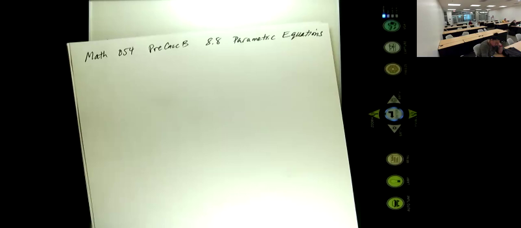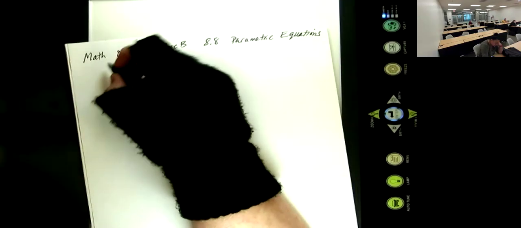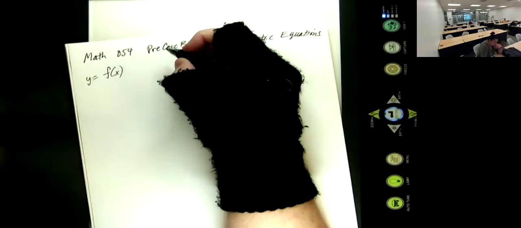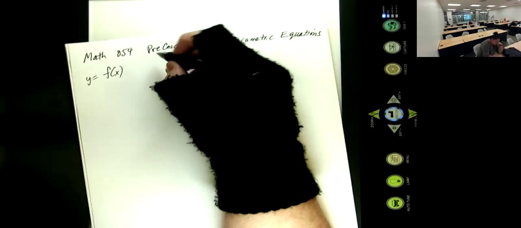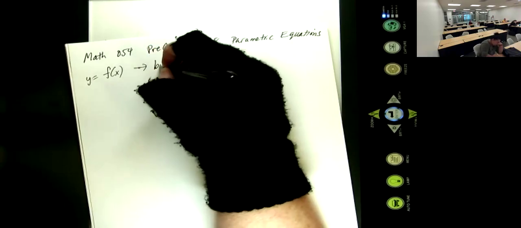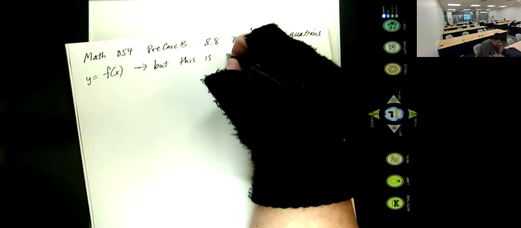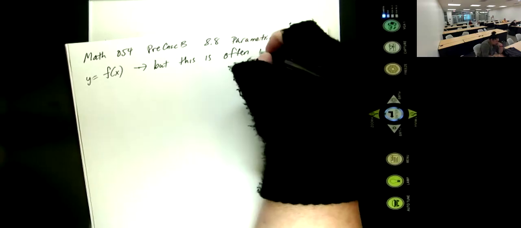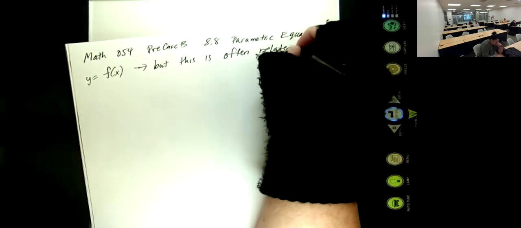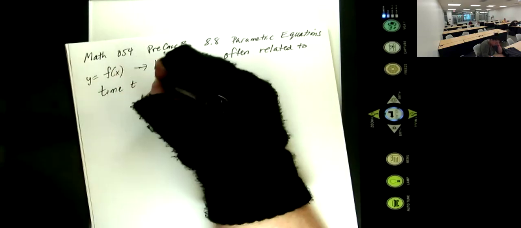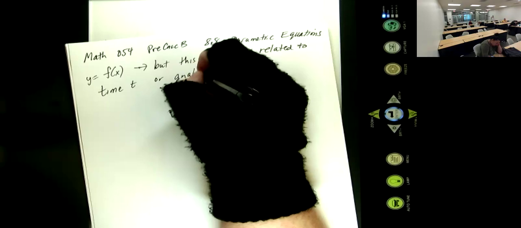So, how do I want to say this? A parametric equation. We will have y equals f of x. But this is often related to stuff regarding time, t, or angle theta.